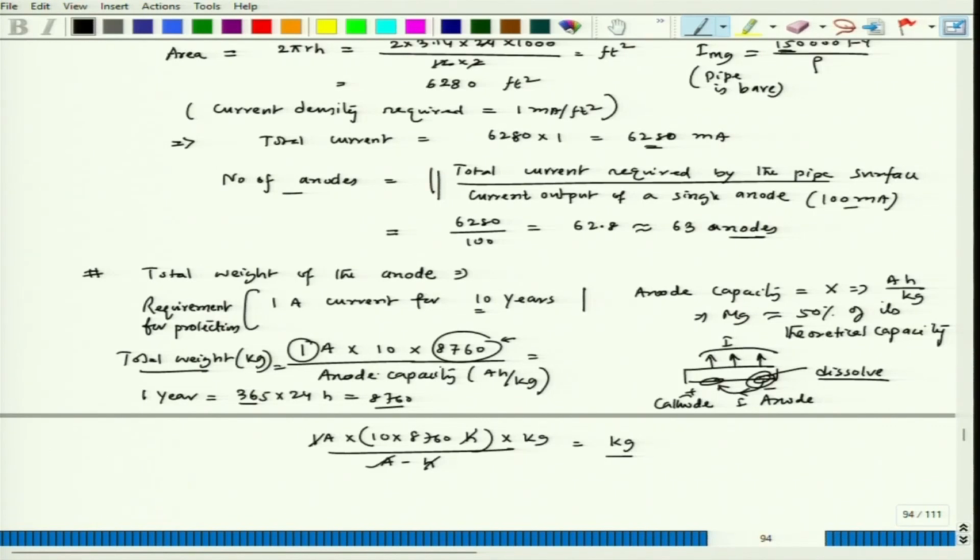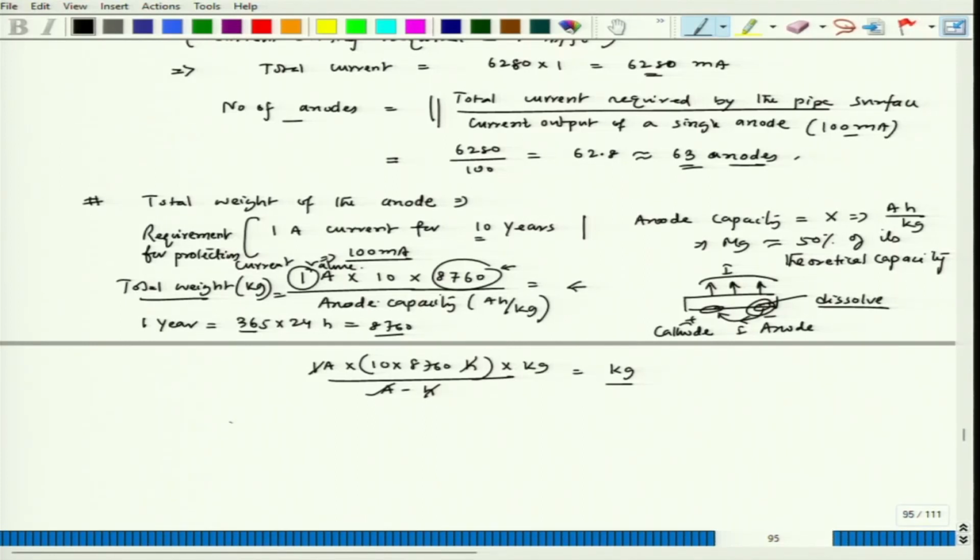So, this can vary. Let us say I want 100 milliampere. So, you put that value, the current value, here. This is nothing but the current value that is required for 10 years for protection. So, if we put that, you can also find out what is the kg. You find out the number of anodes.